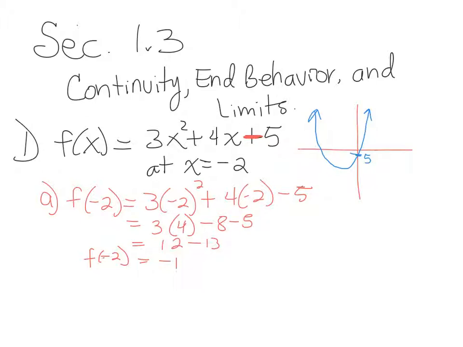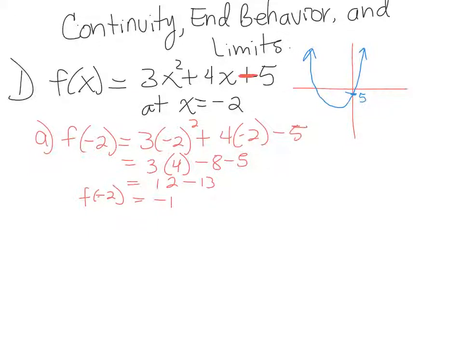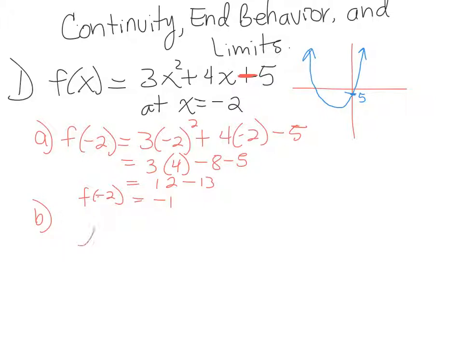Then step 2. From the test, part B says find the behavior, and in the textbook it's asking you to analyze the behavior by using a table. What we're going to do is analyze it by using the behavior of the function, with limits at x equals the number they're asking for, which is -2, coming from both perspectives.